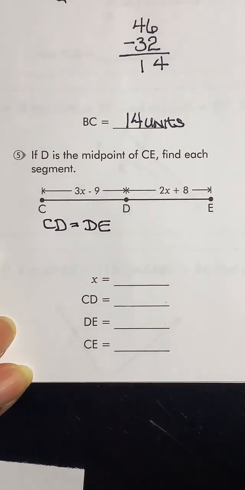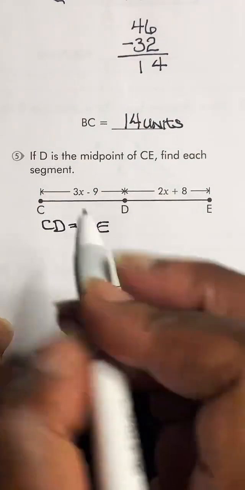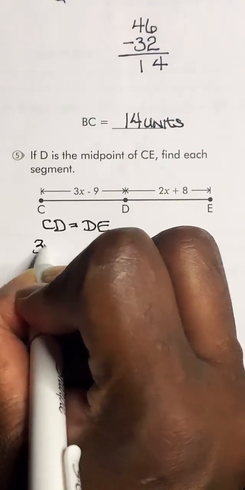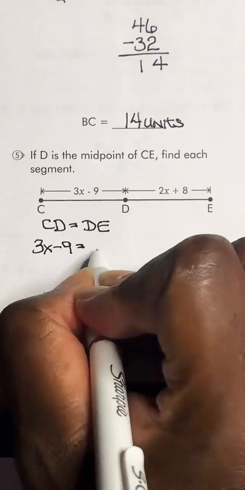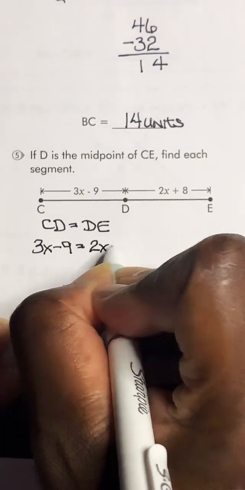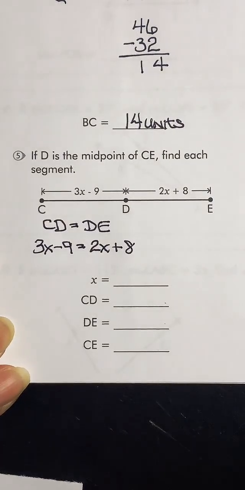Okay, so it's going to look like the first one that we did. So the measure of CD is 3x minus 9. The measure of DE is 2x plus 8. Okay, go ahead and solve for x.